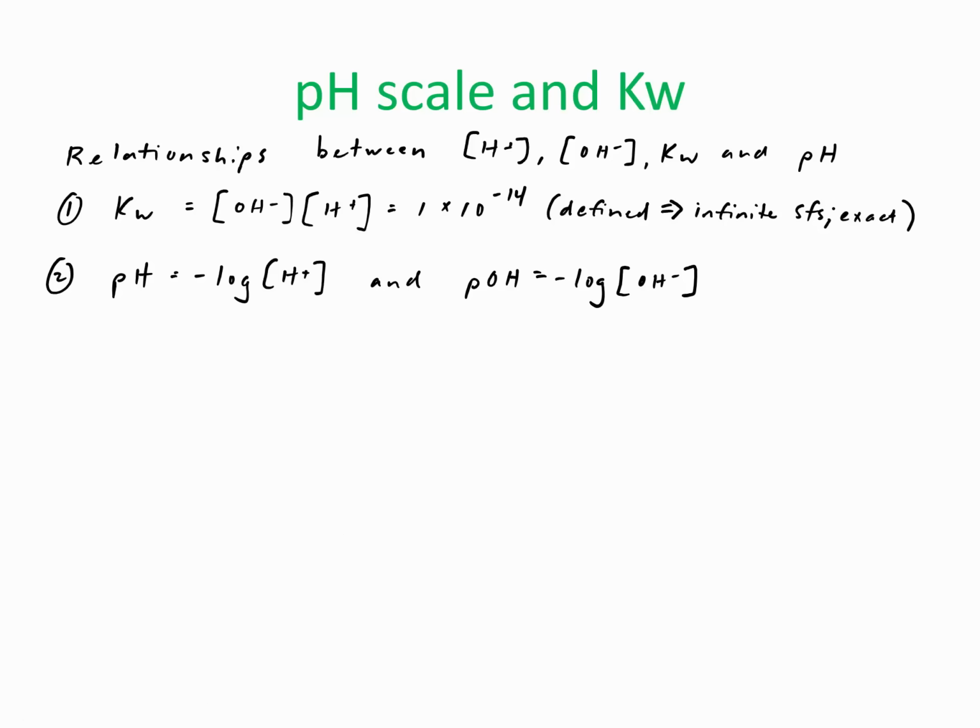Then if you have the pH and you want the concentration, you would take the inverse log, which would be 10 to the power of the negative pH, and that would give you that. And then we have the corresponding one for OH- as well.